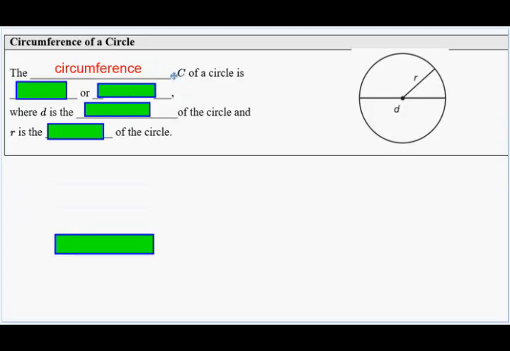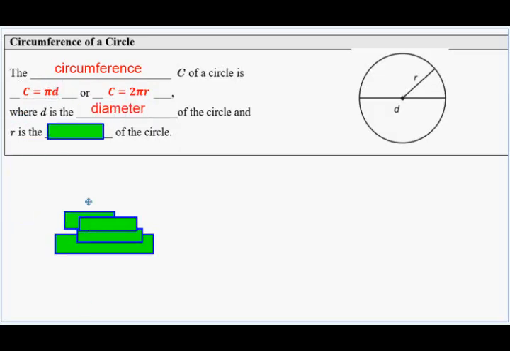The circumference, capital C, of a circle is C equals pi times diameter, or C equals 2 pi r. 2 radiuses make up the diameter if they're straight across from each other. Where D is the diameter of the circle, R is the radius.